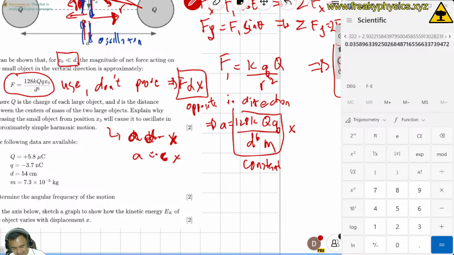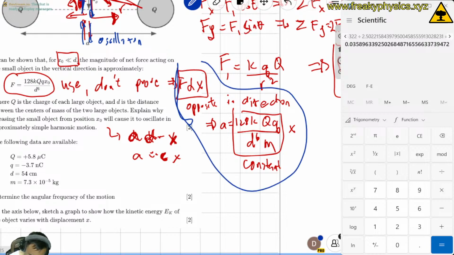We have to show that either the force or the acceleration is proportional to x, and that those two are in opposite directions. So that's the long way. The short way to say it is just basically this.